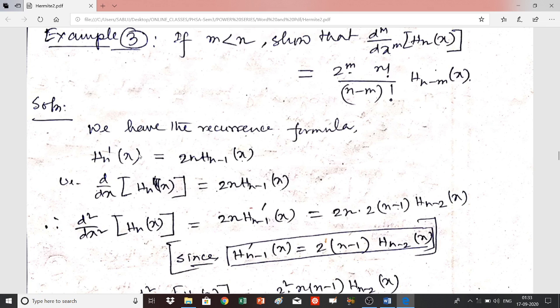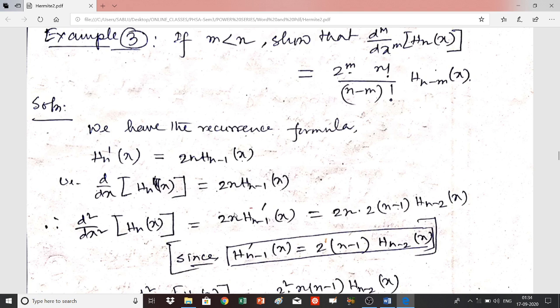Now given this, the left hand side of this expression can be written as d by dx of H_n(x), that is equal to 2n H_(n-1)(x). If you differentiate this expression with respect to x, then you have d^2 by dx^2 of H_n(x), that is equal to 2n H_(n-1)'(x).